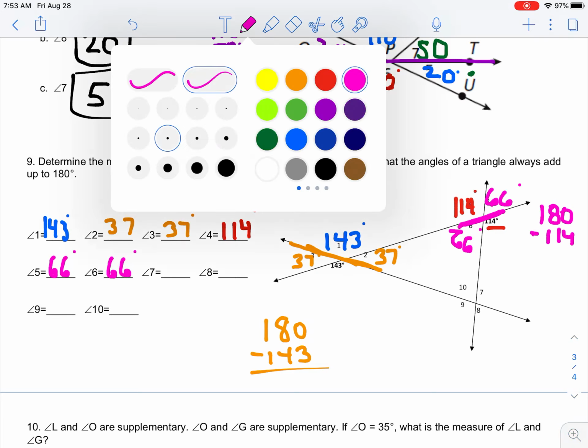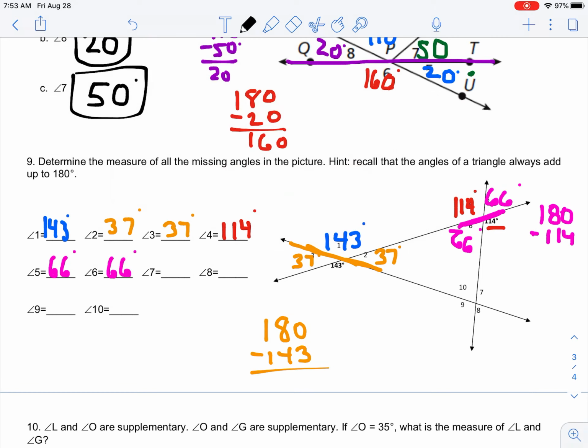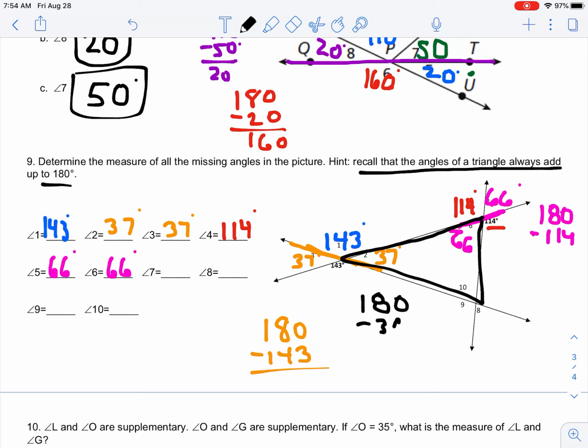All right, now here's where we're going to have to use the hint they gave us. It says all angles of a triangle add up to 180. So if I look at this shape right here, I have a triangle, so it has to add up to 180 on the inside. So if I take 180 minus 37 minus 66, it'll tell me how much is inside the triangle because they gave us that hint that angles inside add up to 180.